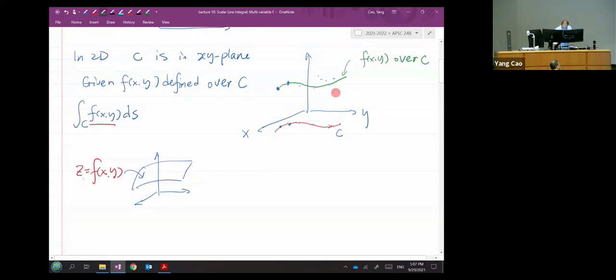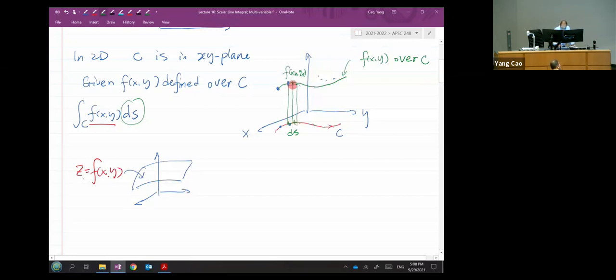So now you can see if I take a ds here, which is representing a very small segment of arc length, and at this location you got a height, represented by a value of, let's say, xk, yk. Technically, I could construct a very small rectangle at that location.